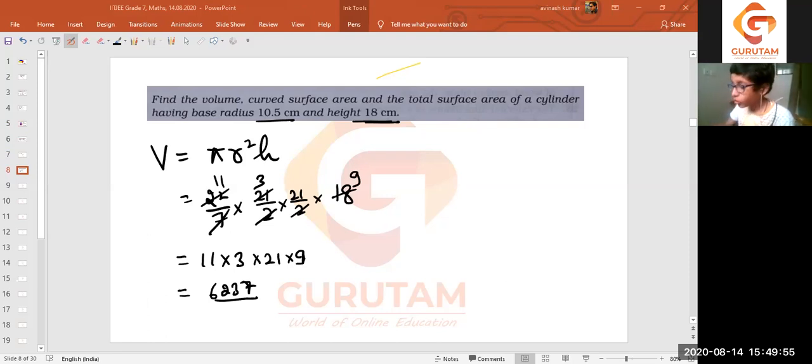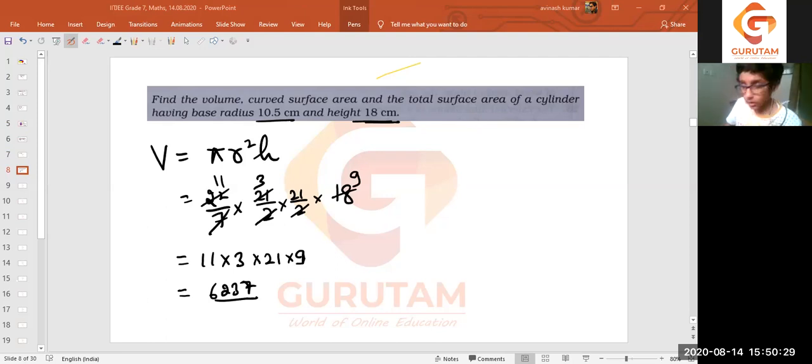So TSA is equal to 2 pi r (h plus r). So 2 pi r (h plus r). After this, 2 into 22 by 7 into r is 10.5, so 10.5.